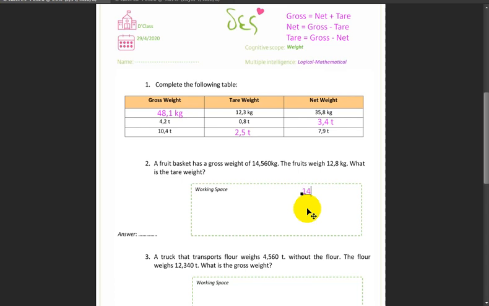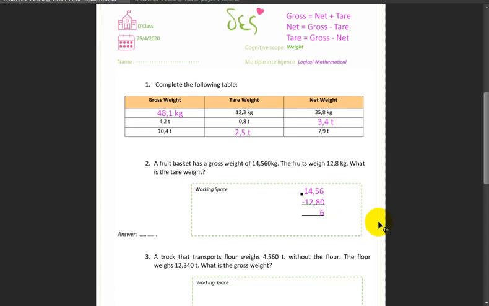So let's write that down. 14.56 minus 12.8. And let's make it so that these are all lined up. There we go. Now, of course, here beneath the 6, since there's nothing here, it's like there's a 0. So let's get solving. 6 minus 0 is going to give me a 6.